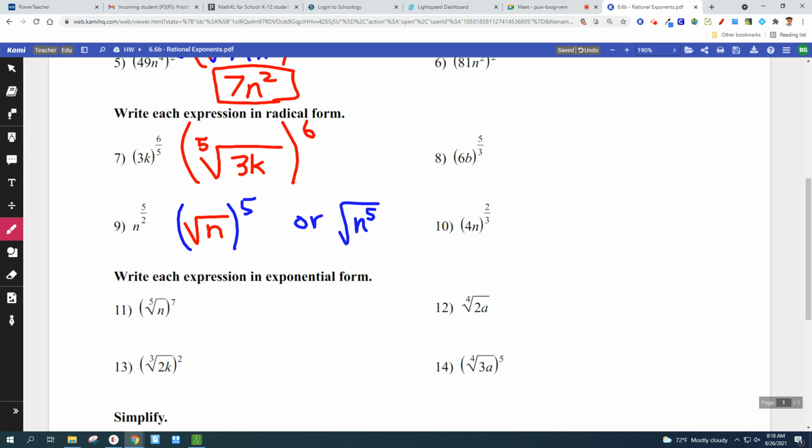All right. Now, the reason I didn't do that on problem number 7 is if you said the 5th root of 3k to the 6th, does anybody know why that's not right? What do you think? Perfect. The 6 doesn't apply to the 3 there, and it needs to.